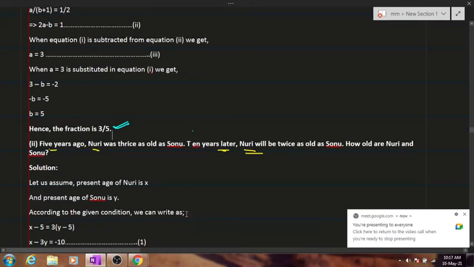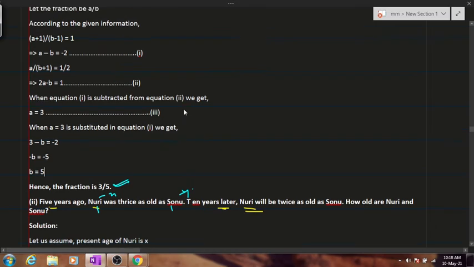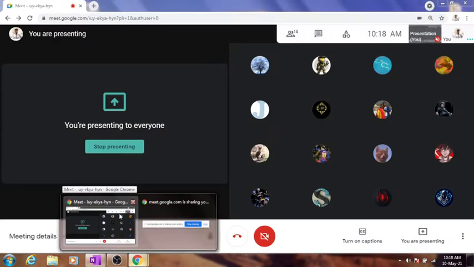The second one is the age related numerical. Out here two people are there, Noori and Sonu. Clear? So you assume Noori's age will be x and Sonu's age will be y. 5 years ago, we have done a similar sort of question in the previous exercise. Yes or no? So can anybody tell me the first equation out here? 5 years ago, Noori's age was 3 times as old as Sonu. Someone tell me the equation.